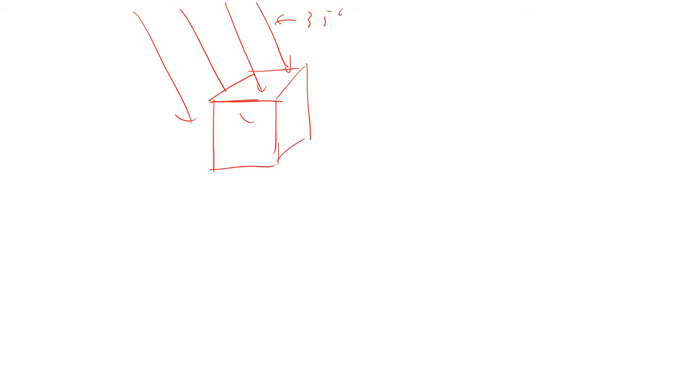So I want to know what is the flux in the top. Well, now it's going to be EA cosine of the angle. The angle is how far off it is from being vertical. So the flux in the top is going to be E times A times cosine of 35 degrees.